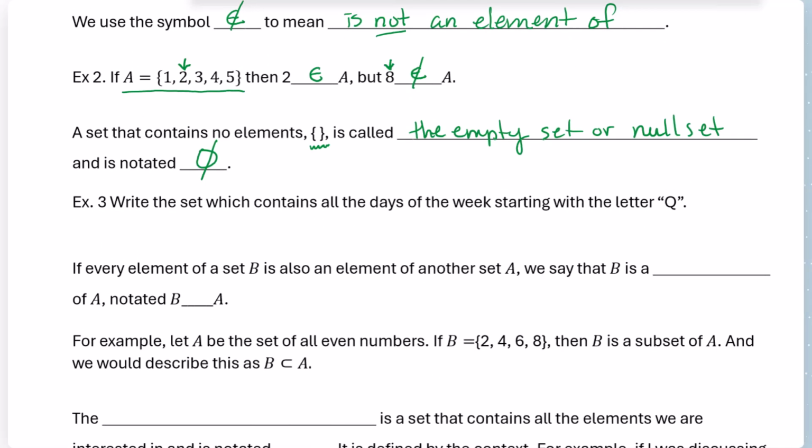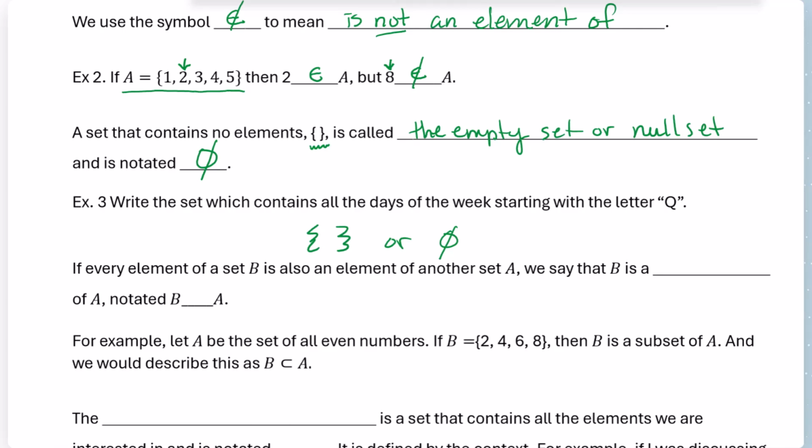Next example, write the set containing all the days of the week starting with the letter Q. Well, none of the days of the week, Sunday, Monday, Tuesday, Wednesday, Thursday, Friday, Saturday, start with the letter Q. So we could say this is the empty set, or the null set. There are no days of the week that start with the letter Q.